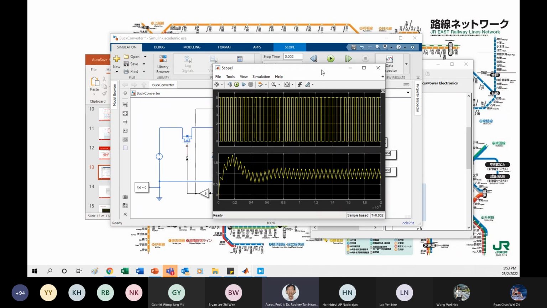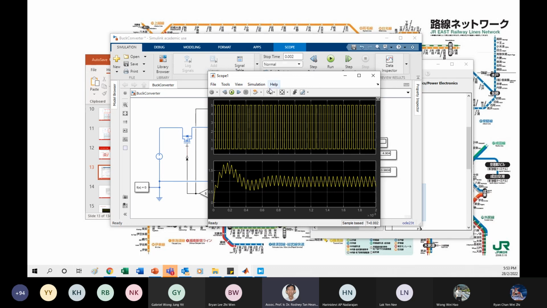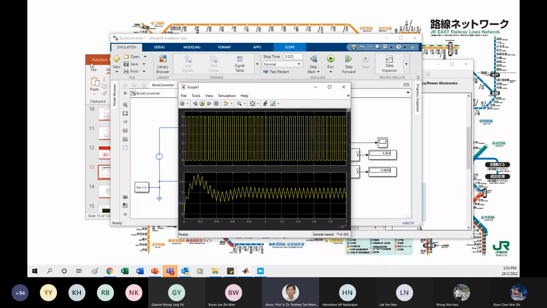Now the time has to be very small, 0.002, because running at 20 kilohertz. Your time too high, you won't be able to see all this detail. And you back to the slide.